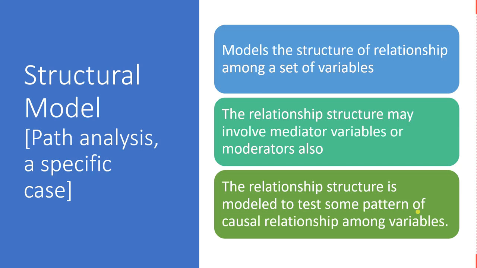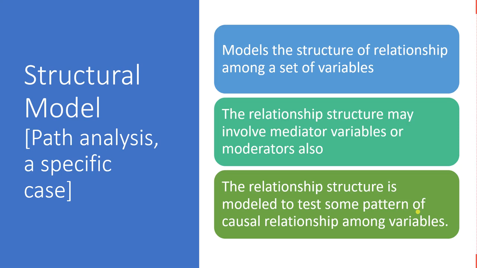So, the path analysis is a specific case or a specific example of the structural model or structural relationship models. This model basically models the structure, that is the pattern of relationship among a given set of variables.